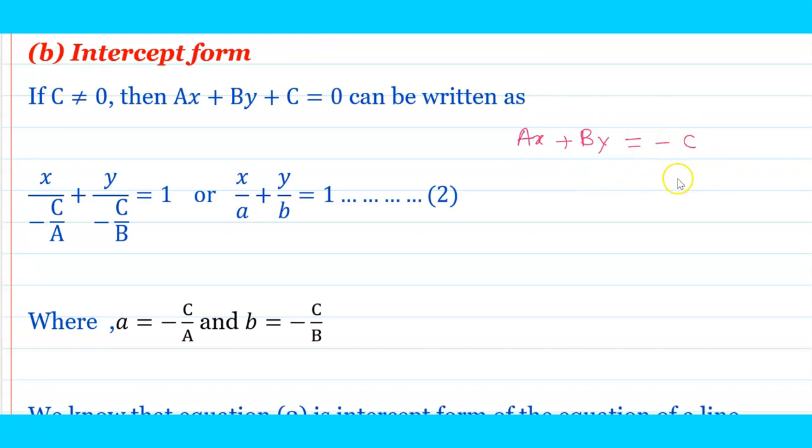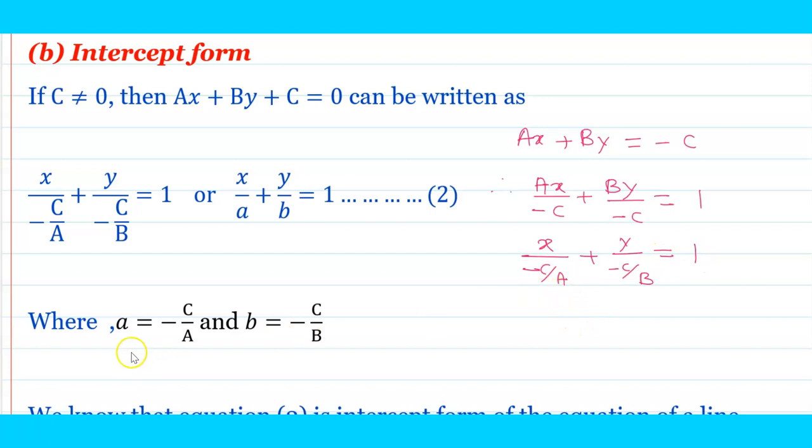Now divide the whole equation by minus c, and therefore you will get ax upon minus c plus by upon minus c is equal to 1. Again, this equation can be written as x upon minus c upon a plus y upon minus c upon b is equal to 1.